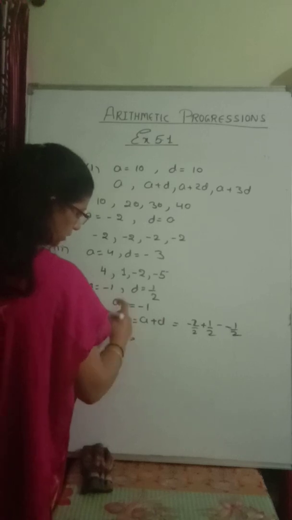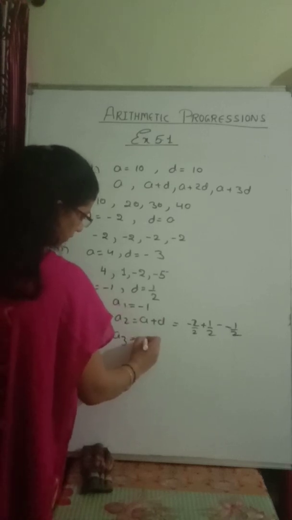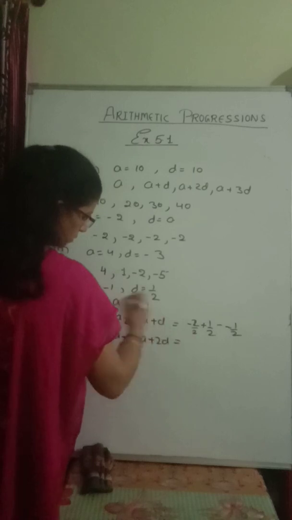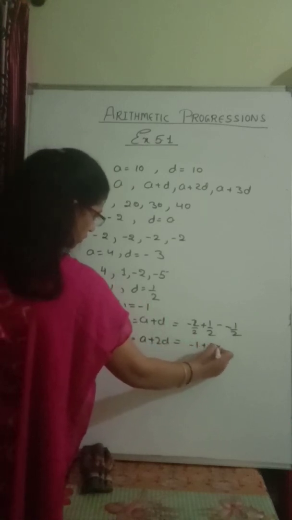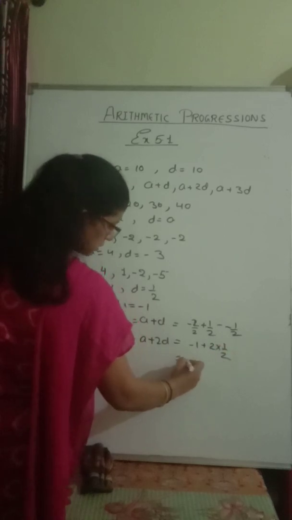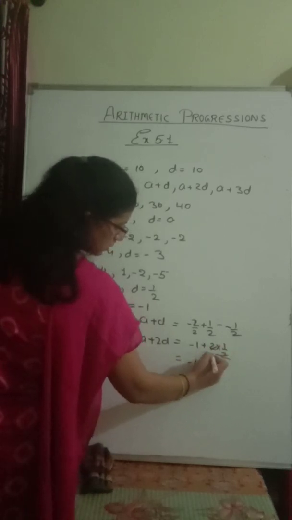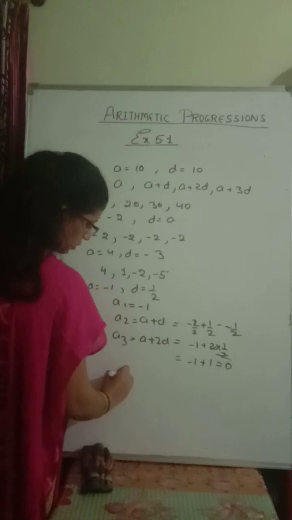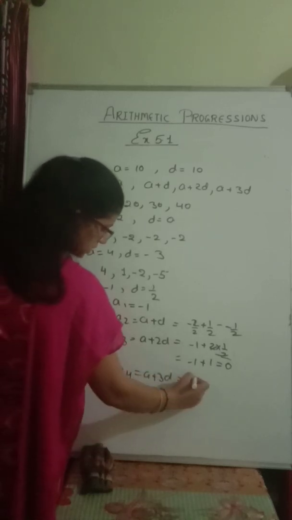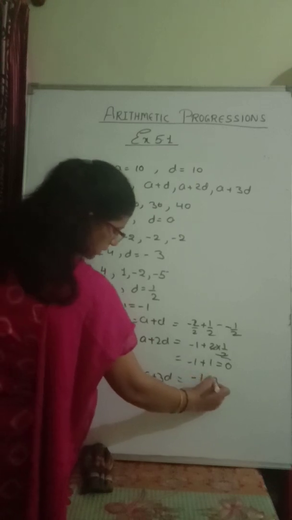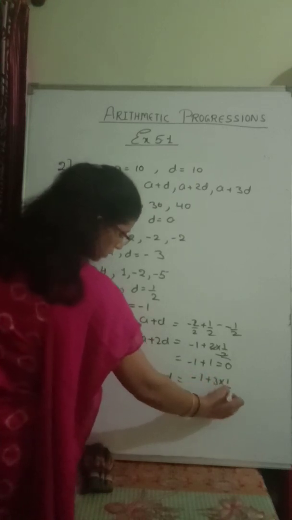For the third term, A plus 2D. A is minus 1 plus 2 into D, which is 1 upon 2. So it is minus 1 plus 1, and the third term is 0. The fourth term is A plus 3D, so A is minus 1 plus 3 into 1 upon 2.